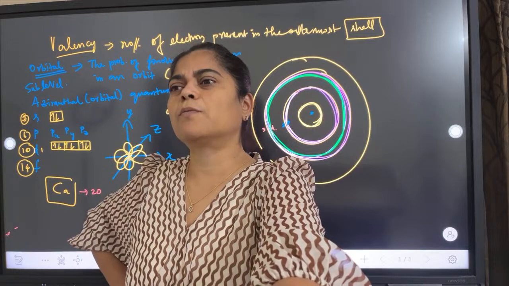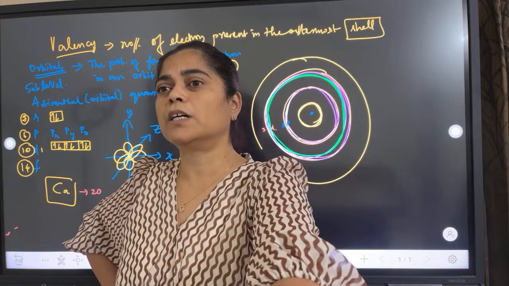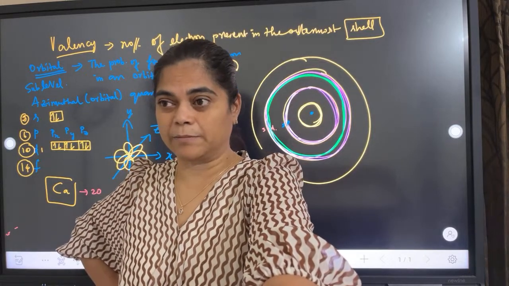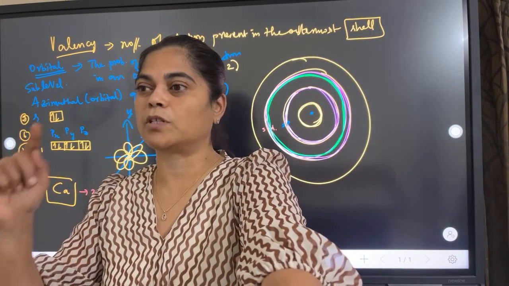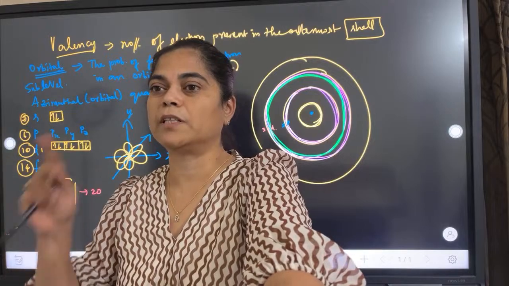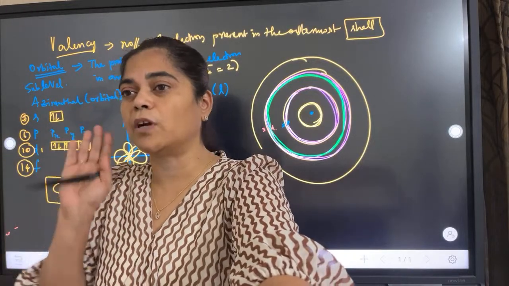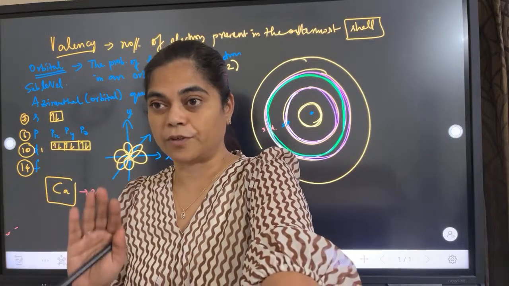Okay. So what are we going to learn? The inertness or the stability of an atom. So it talks about stability. What is stability? The outermost orbit should be filled with 8 electrons. If it is 4 electrons, it will be half filled. That is also stable. Carbon is stable, for example.